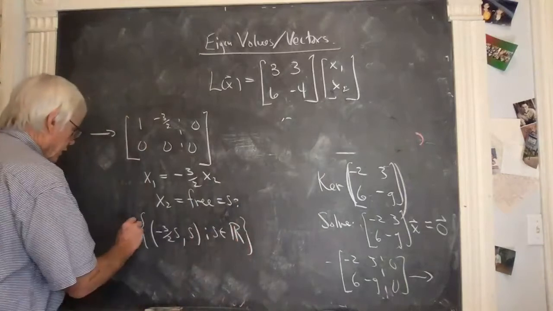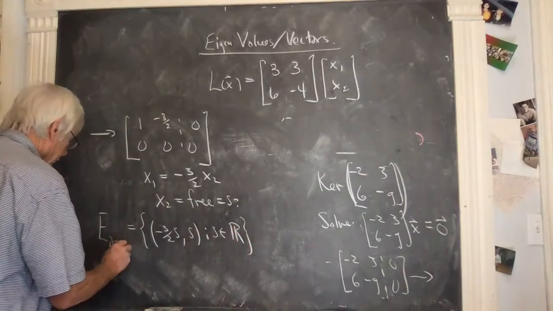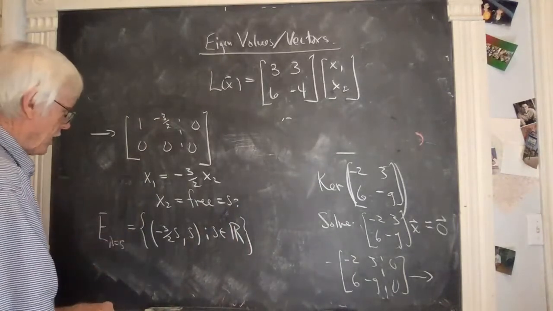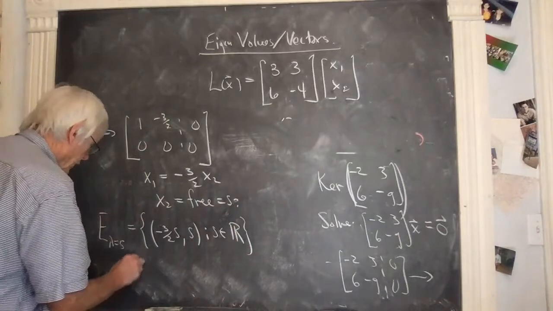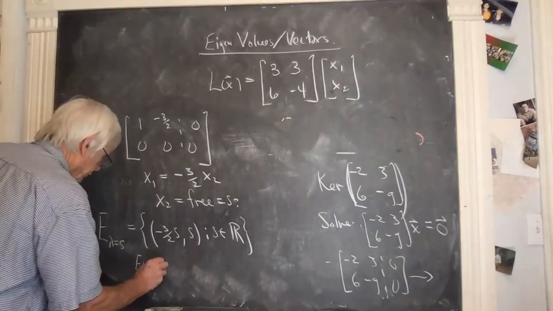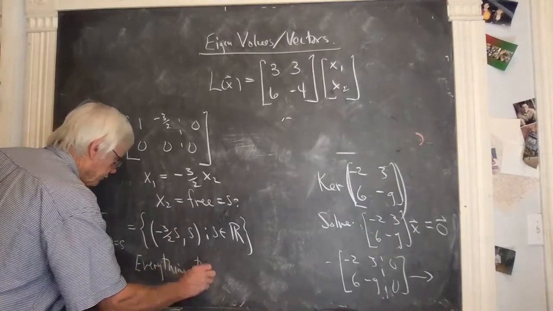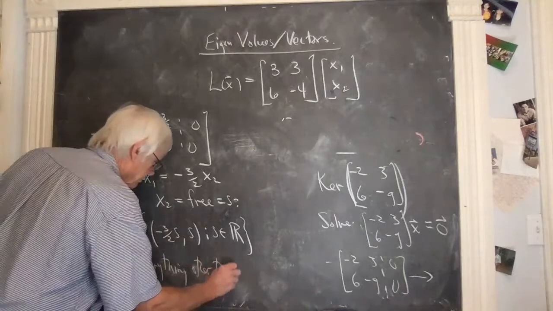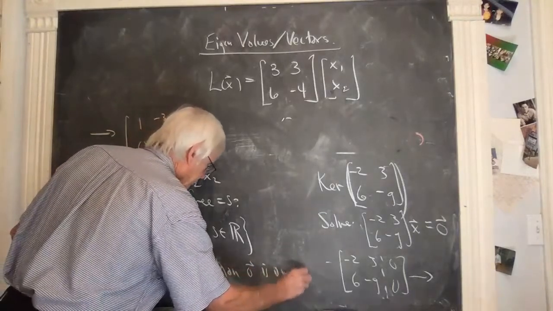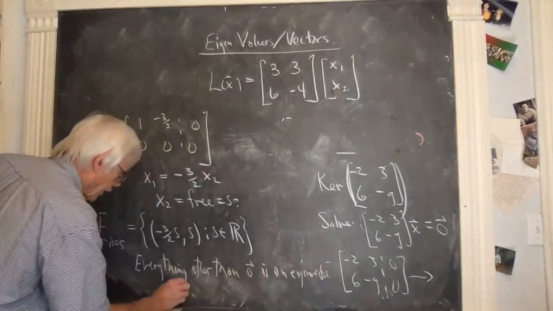And this is called the eigenspace. And everything in there other than 0 is an eigenvector. So everything other than 0 is an eigenvector of eigenvalue 5.